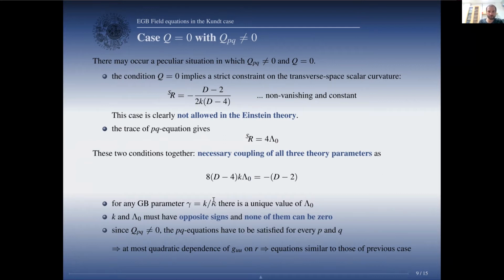One can discuss that k and lambda have to have opposite signs and cannot be 0, and so on. And then you have to discuss all PQ components of the field equation separately, and you can see that this g_uu metric function has to be also quadratic in r, but it's not important now.